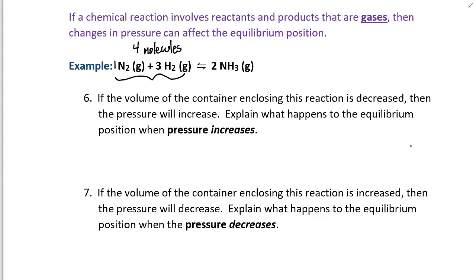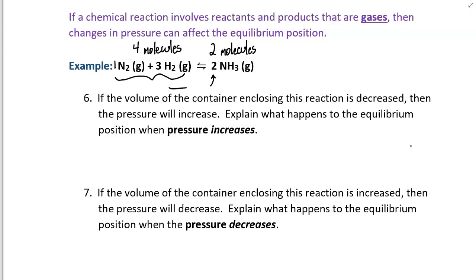On the right side, there is a 2 in front of the NH3. There are 2 molecules represented here. The left side has more particles than the right side. To decrease the pressure, we want to change 4 molecules into 2 molecules.